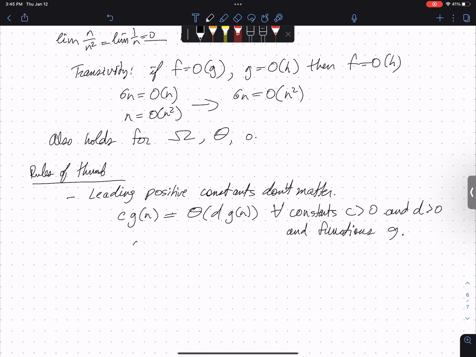For example, 6n is theta of 8n. It doesn't matter what the constant is. You could put here 16 instead of 8, or you could put here 160, or you could put here 8 to the power of 100. Doesn't matter. These are in the same growth class.